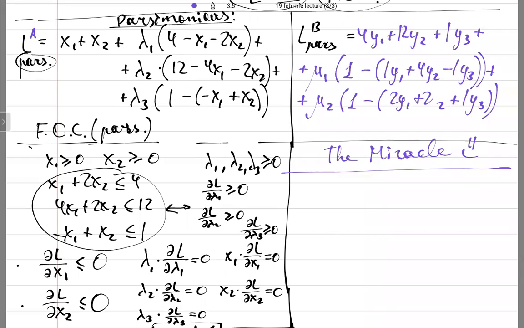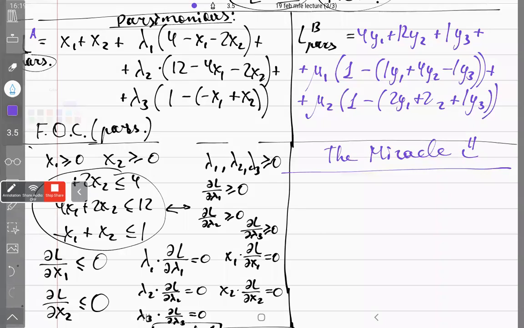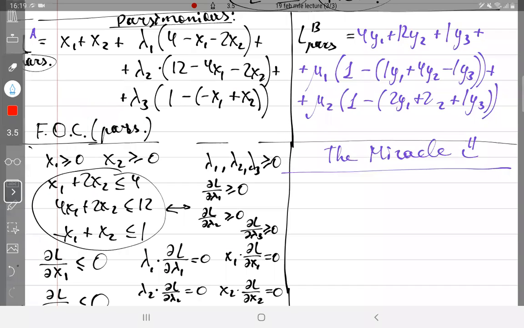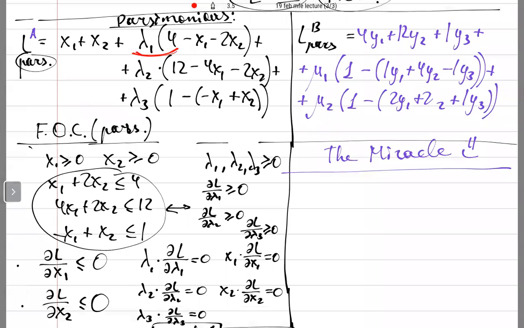Okay, let us look carefully and see the corresponding terms in each function. I have 4 lambda 1. I have 4y1. I have 12y2. I have 12 lambda 2. I have 1 lambda 3. I have 1y3. I have 1x1. I have 1 mu1.